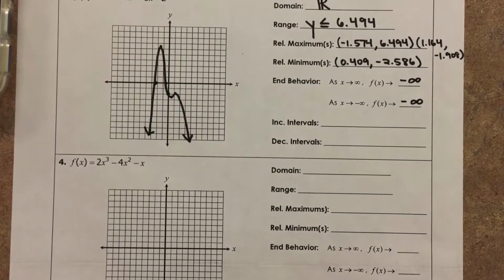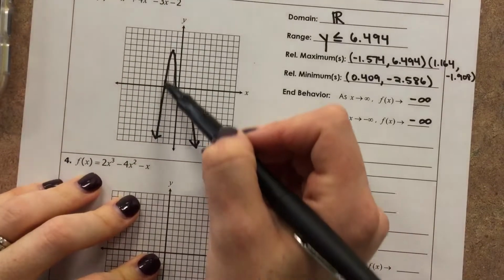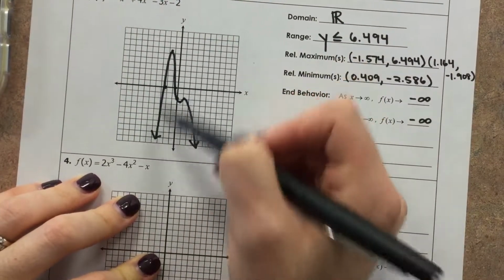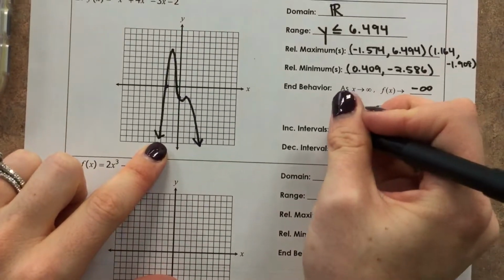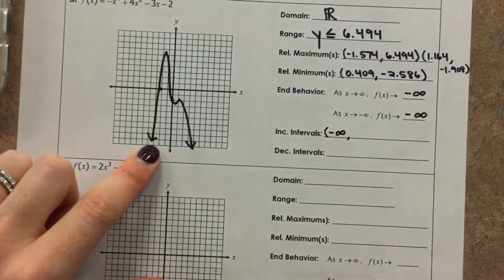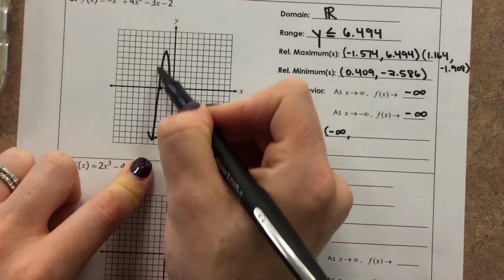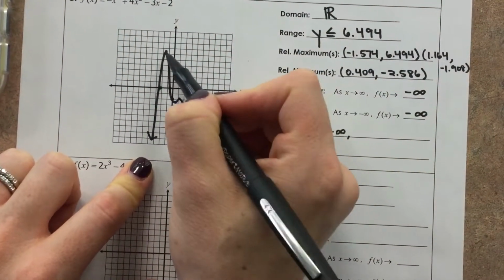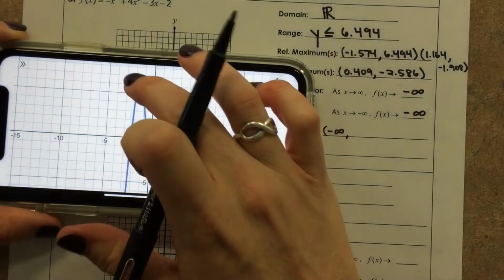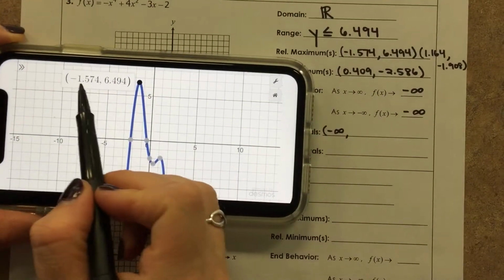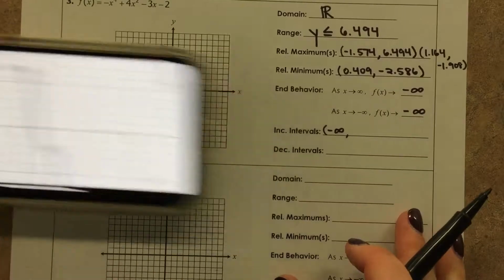Finally, our increasing intervals. So it increases in this first portion of the graph right here. So it starts at our left arrow, which means we start with negative infinity, and it increases until I get to this x value right here, which, let's go back to our graph, this x value is negative 1.574.